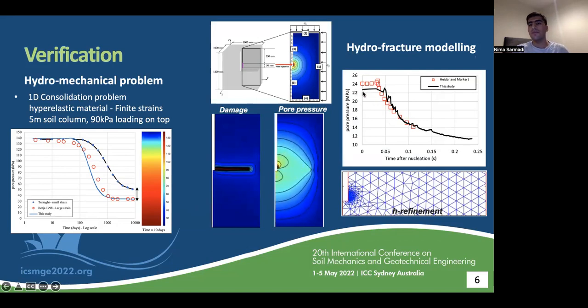As you see, the fluid pressure inside the crack drops when the crack starts propagating, and that is because of the volumetric expansion of the elements. We have also implemented h-refinement into our numerical tool to increase the computational efficiency of our method.